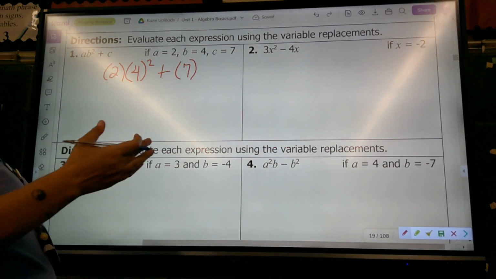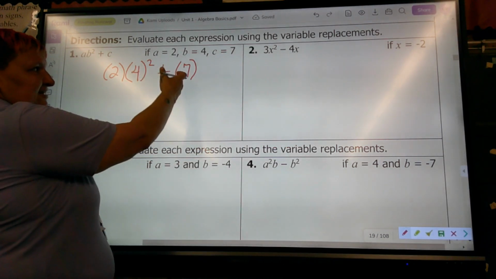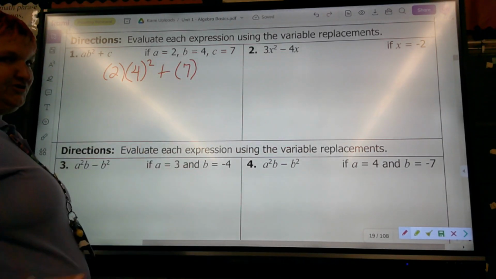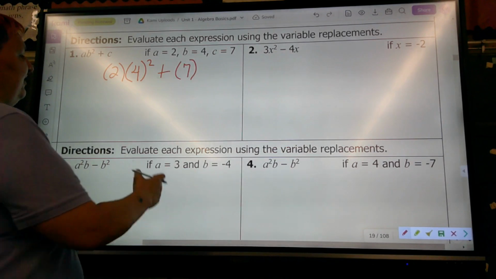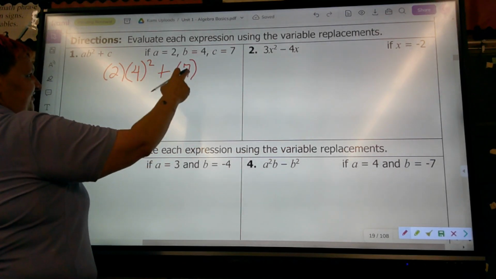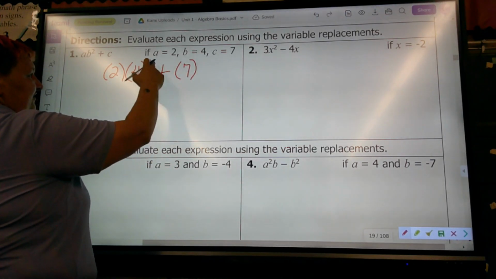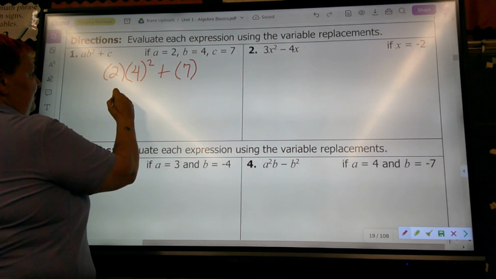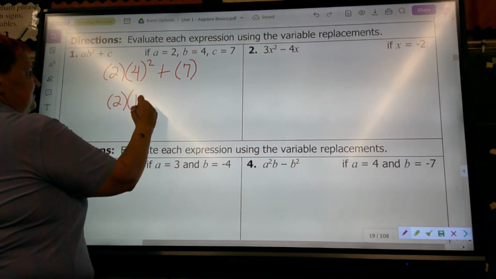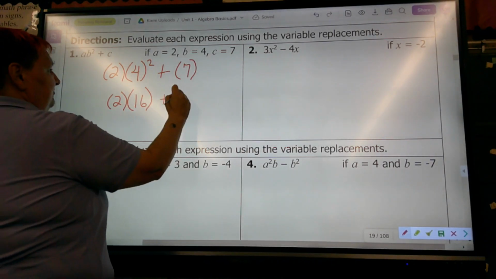If you realize the parentheses aren't necessary, then you can drop them in the next step. It's not necessary for the 7, but you didn't know that until you wrote it down. Order of operations, nothing we can do inside the parentheses. There is an exponent, 4 squared, so it's going to be 2 times 16, because 4 squared is 16, plus 7.